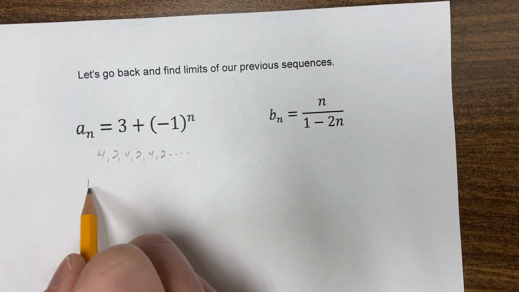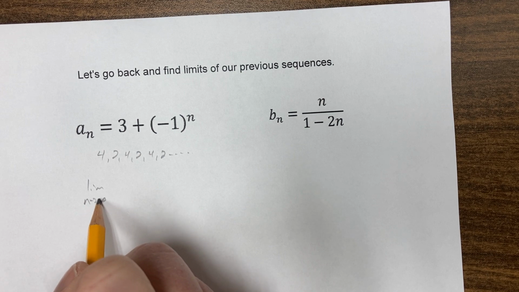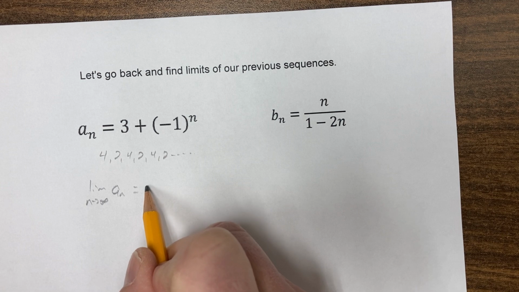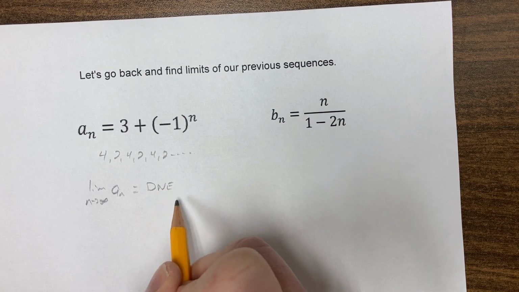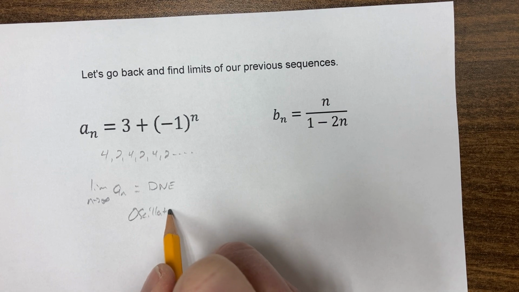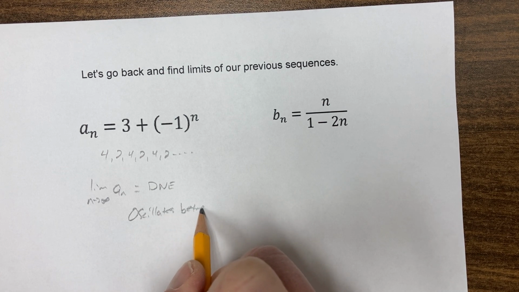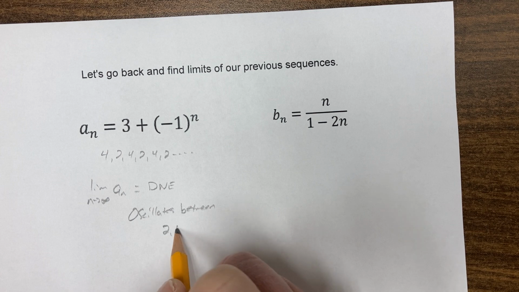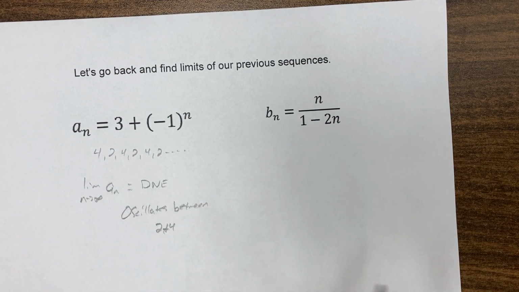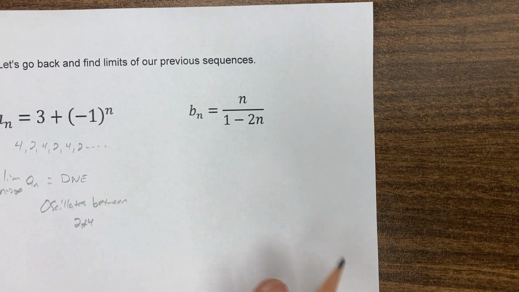So what is the limit as n goes to infinity of this sequence? There is none, right? It does not exist. In other words, the sequence oscillates between 2 and 4. It never stops going back and forth. So it has no limit. It has no value that it just settles down on.